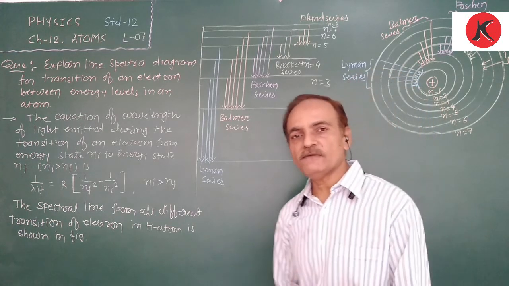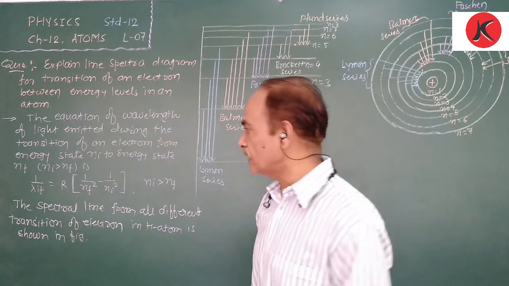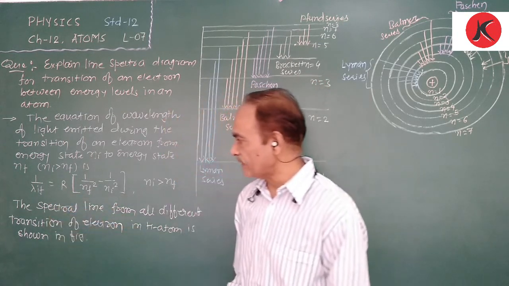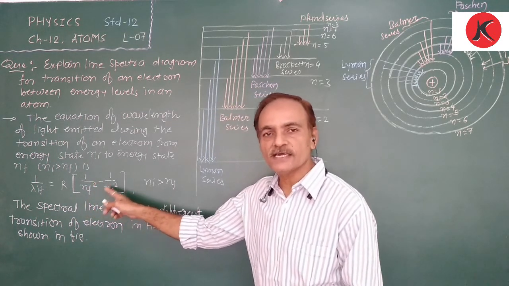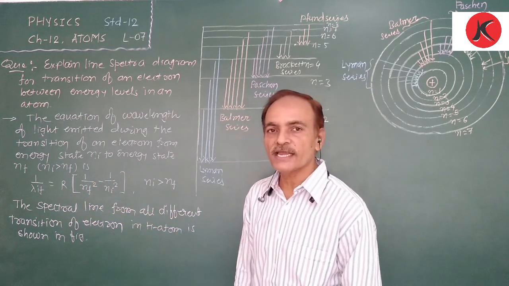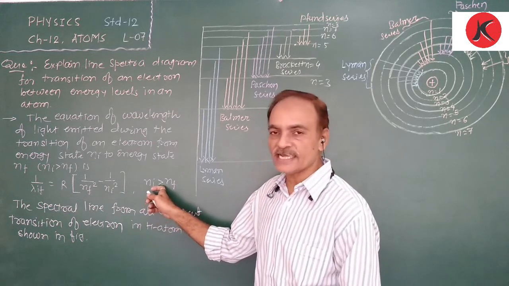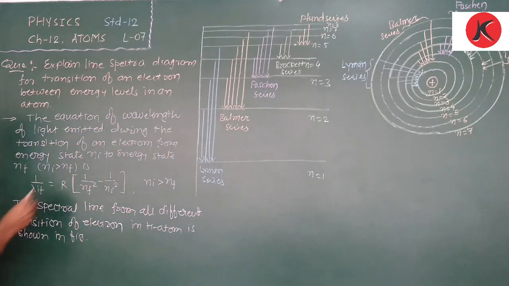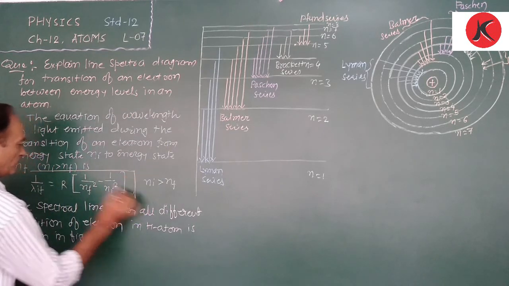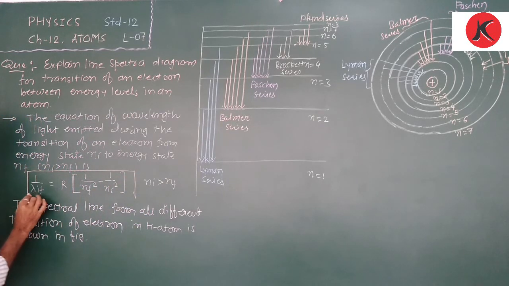The equation is 1 upon lambda if is equal to R into 1 upon Nf square minus 1 upon Ni square. Here the condition is that Ni must be greater than Nf.